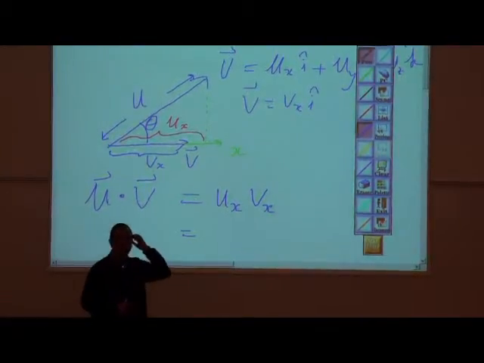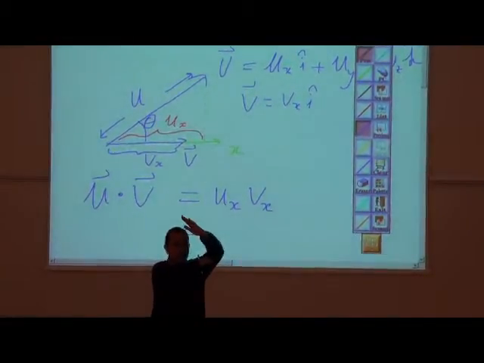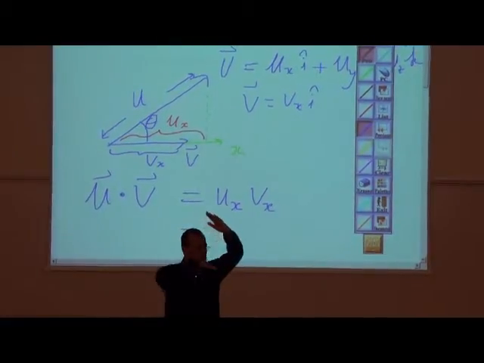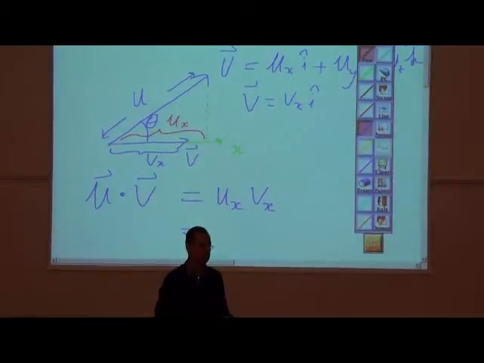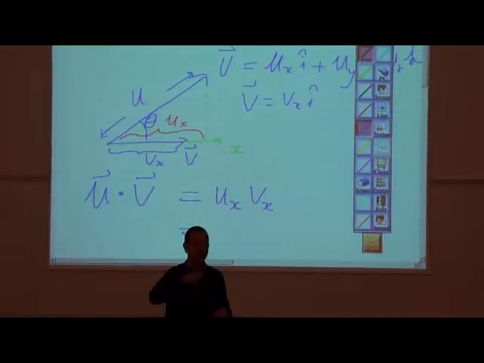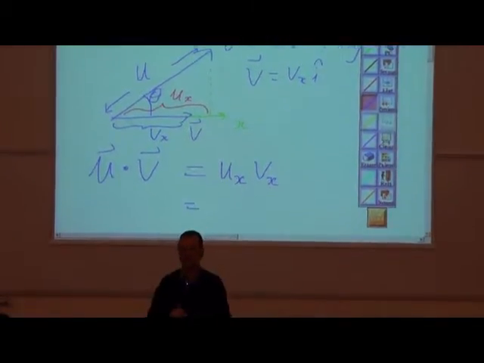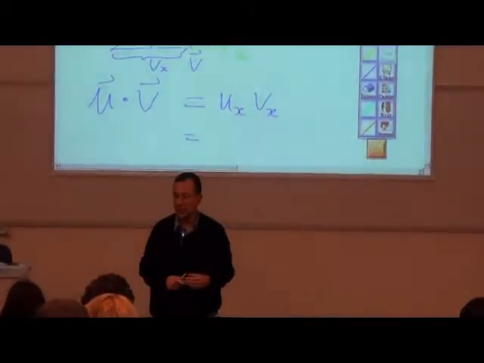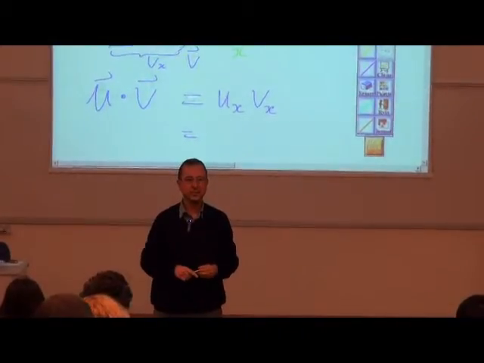Now in this example, u and v are not parallel. There's an angle between them, and let me call that angle theta. This Greek letter, we use a lot for angles, and it's pronounced theta. Okay?